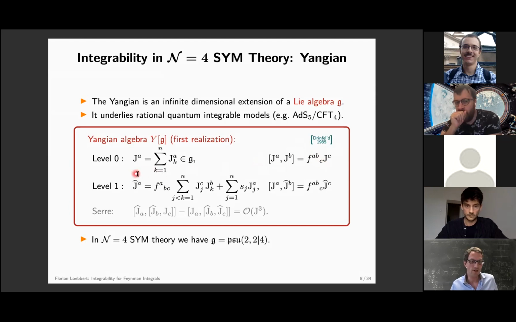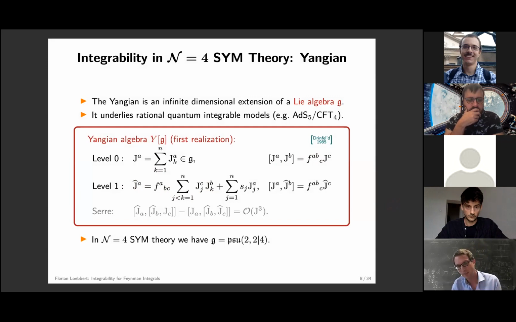And in addition to this, we have a set of so-called level 1 generators, which are defined in terms of the same densities of these level 0 generators, but now we have a bilocal action. So we take two densities acting at points j and k of the tensor product, and we sum over all relative positions here. And of course, in N=4 super Yang-Mills theory, this Lie algebra would be PSU(2,2|4).